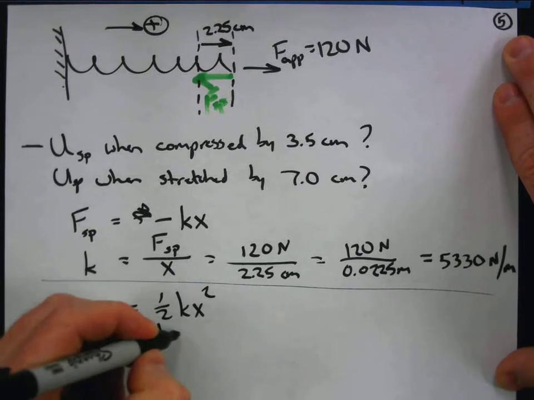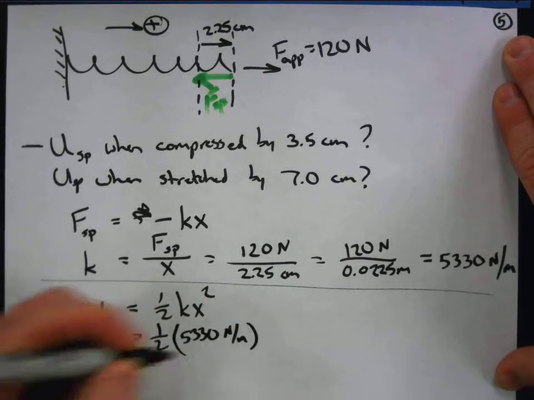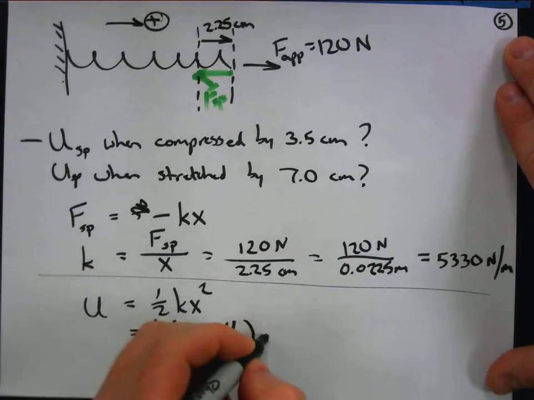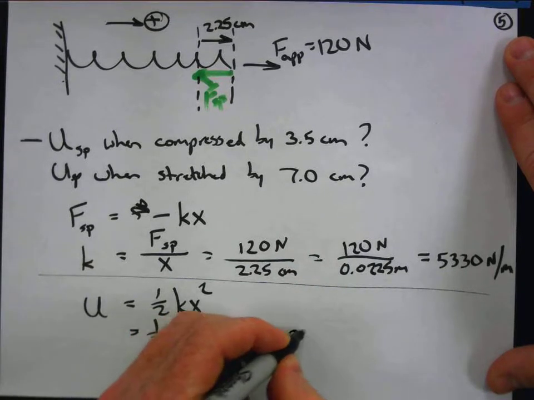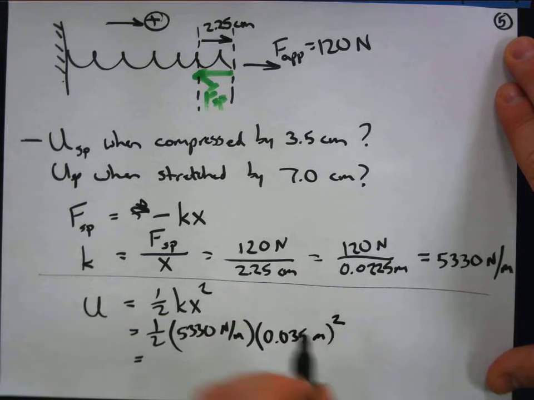And now we know the spring constant, 5,330 newtons per meter. And in this case, x is the 3.5 centimeters. I will want that in meters. Please don't forget that exponent.